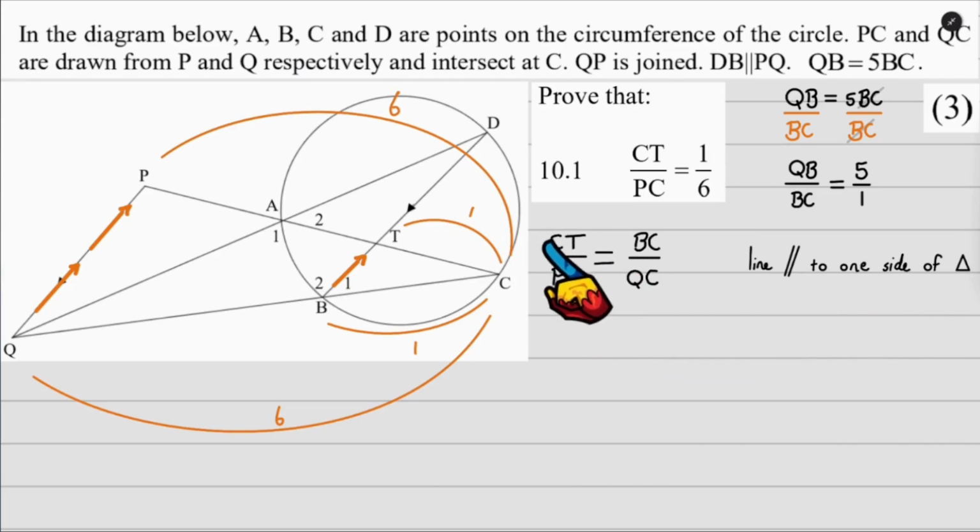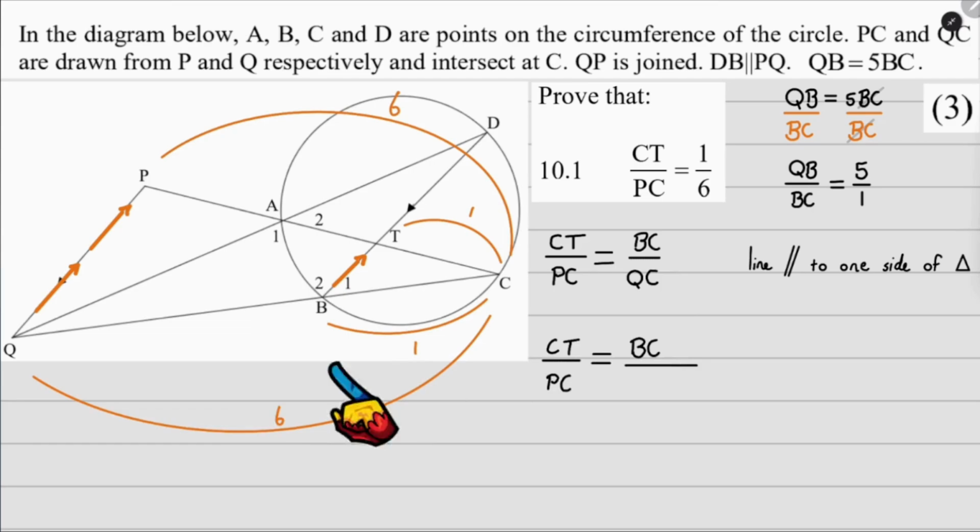So now we're going to leave this side and we're going to start sorting out this side. So what I do is I leave the smaller side. So BC is going to stay behind. And I'm going to start transforming QC. Now QC is made up of BC and BQ. So I'm going to change QC to QB plus BC. And then earlier on they told us that QB equals 5 times the length of BC.